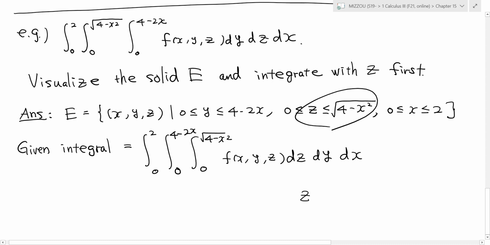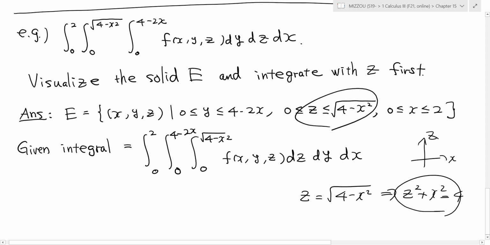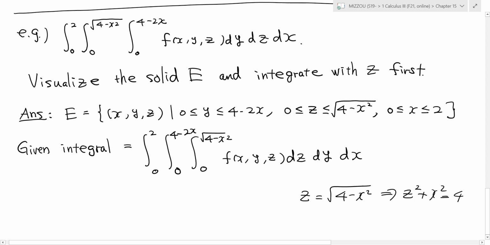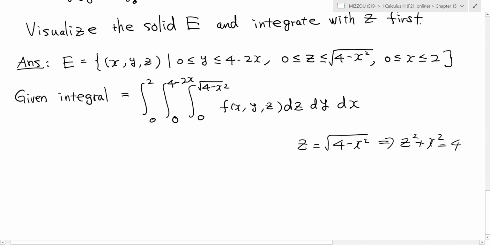If you look at the boundary, this is written as z squared plus x squared equals 4. On the xz plane, this is just a circle with radius 2. But we have to look at it in xyz space, and in xyz space, this is a cylinder parallel to the y-axis. And indeed, it looks like this.